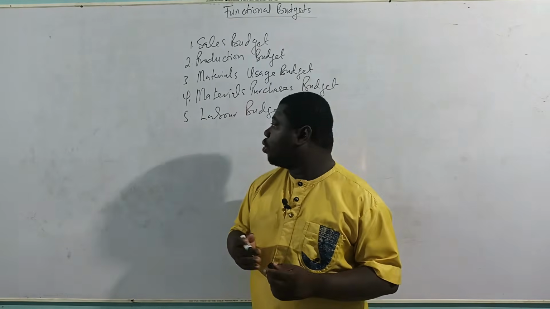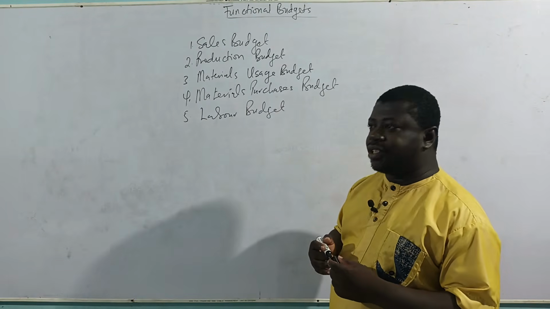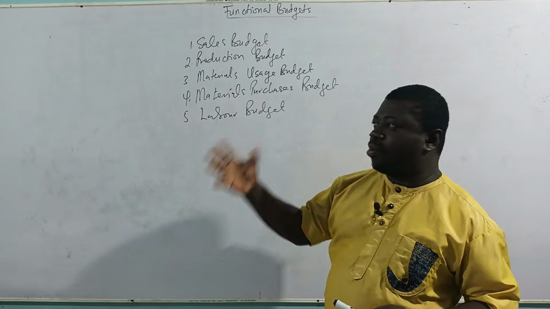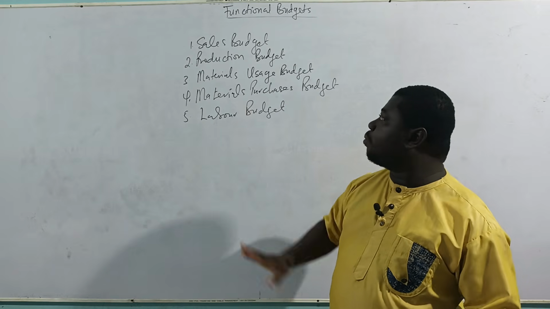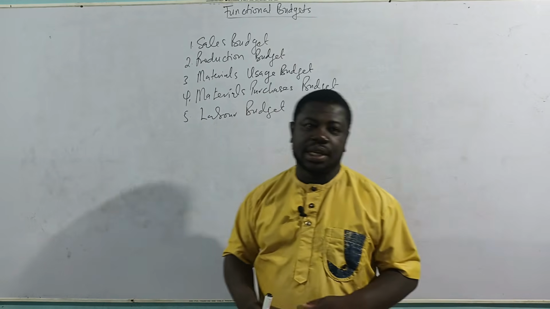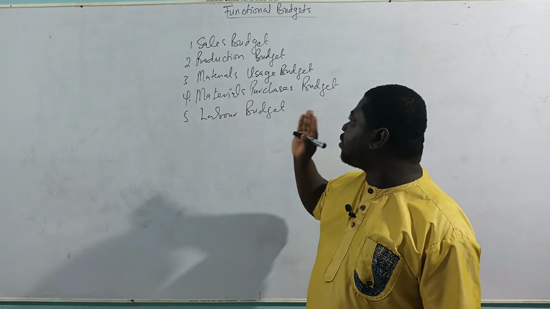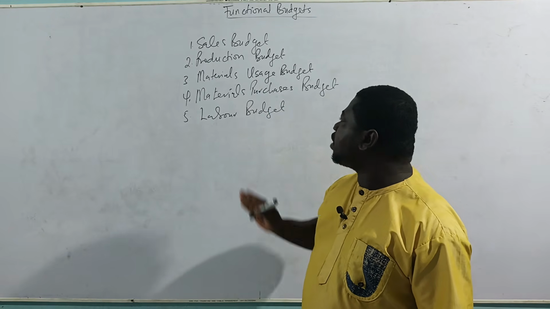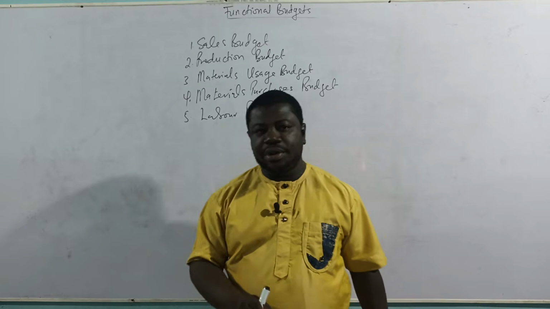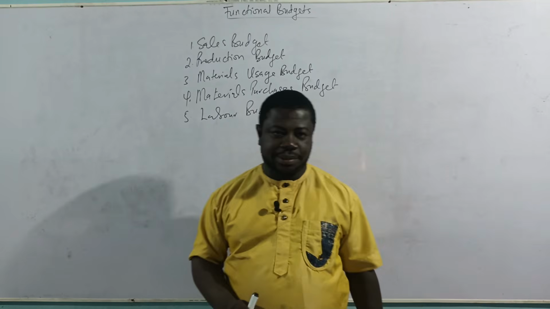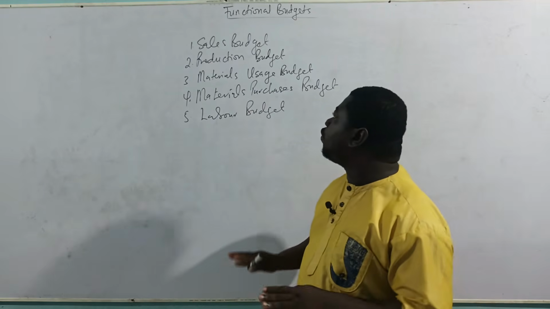There could also be an overheads budget and all that. I'm going to talk about them, but in this video, I'm going to talk about these 5 budgets for now: the sales budget, the production budget, materials usage budget, materials purchases budget, and the labor budget.